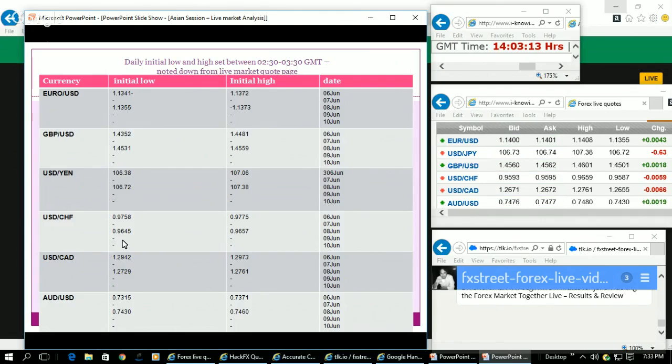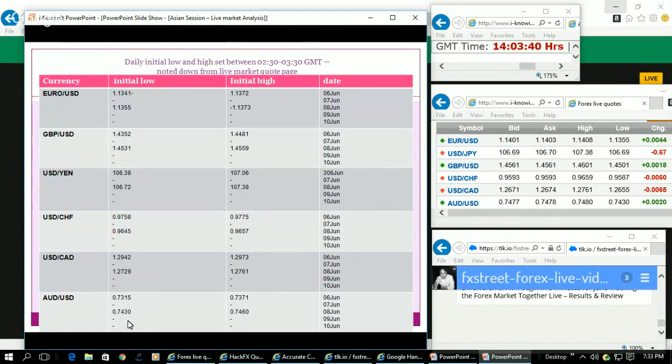Then CHF, they are making a nominal consolidation, and then subsequently they breached the low and came below in tandem with the Euro rise. And in the case of Yen, they breached the low, stayed below there during the European session, and as I explained, they came closer to the 1.2650 area, then went up, and now they are holding around 1.2671 level.